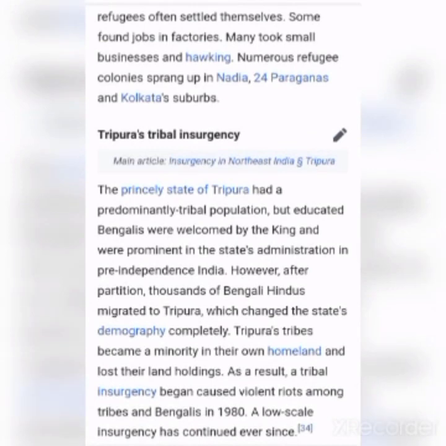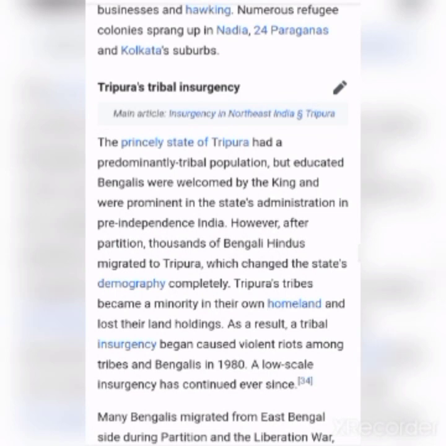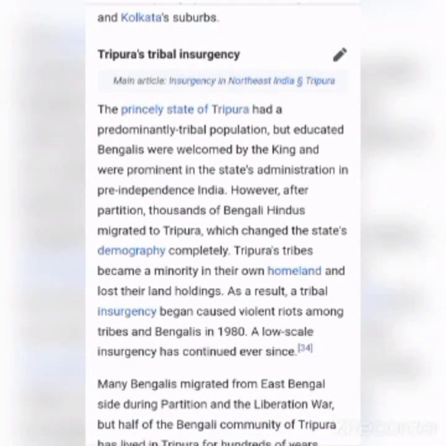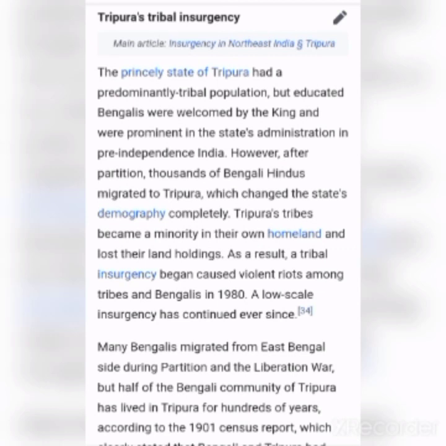Tripura's tribal insurgency. The princely state of Tripura had a predominantly tribal population, but educated Bengalis were welcomed by the king and were prominent in the state's administration in pre-independence India. However, after partition, thousands of Bengali Hindus migrated to Tripura, which changed the state's demography completely.